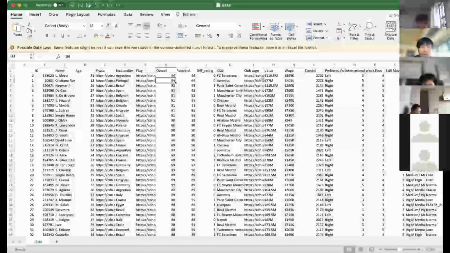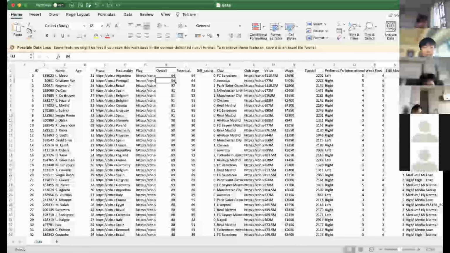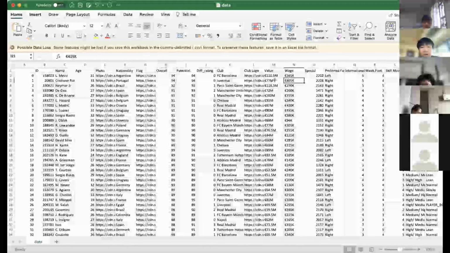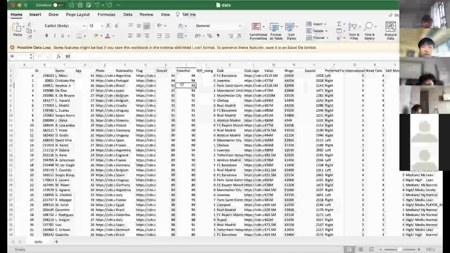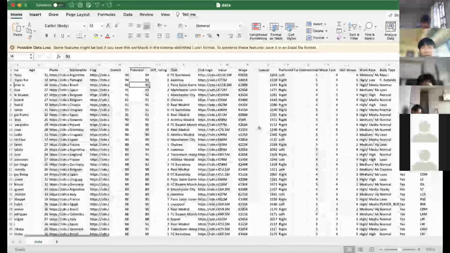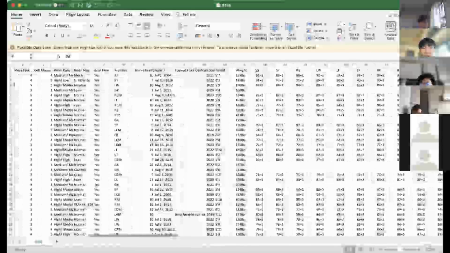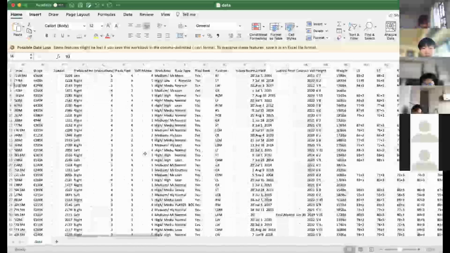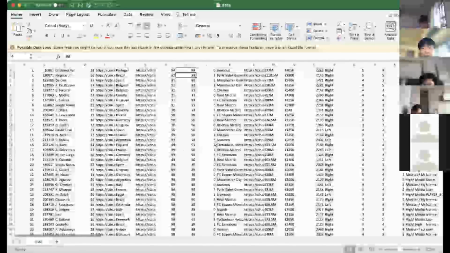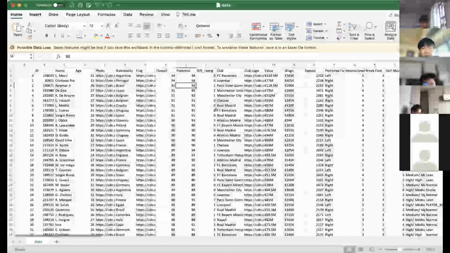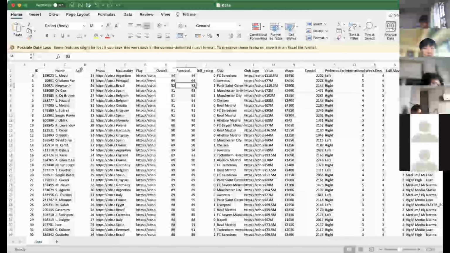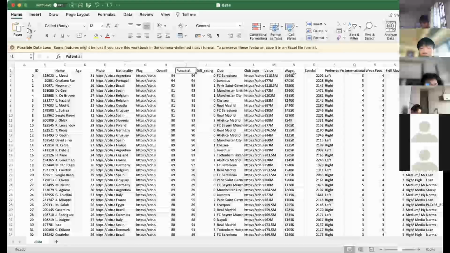Yeah, so I'm trying to find the correlation between the wage, the value, overall, and potential. And if I have time, I might also find more about the stats behind. But I'll basically do it with five main things, which is age, overall, potential, value, and wage.